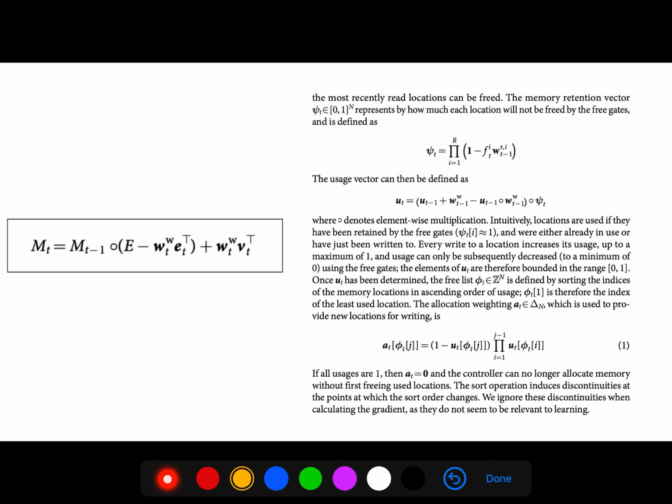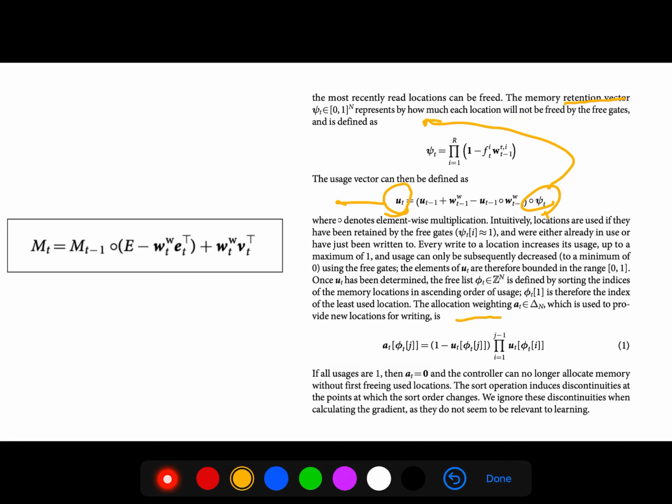So we also have a memory retention vector, psi. By using that, we can calculate your usage vector, how much each location is used, because psi represents how much each location will not be freed by the free gates.